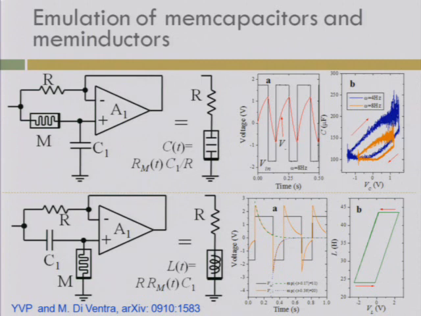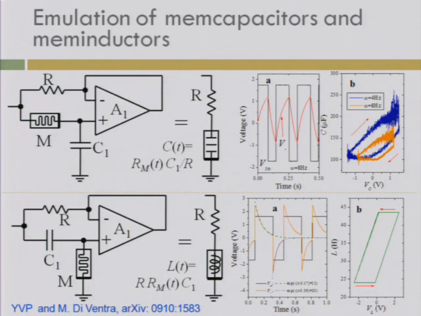From that it follows that this system can be approximately described by this equivalent circuit, where the time dependence of the memristor resistance is mapped on the time dependence of the effective capacitance.